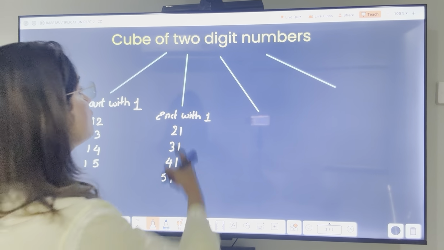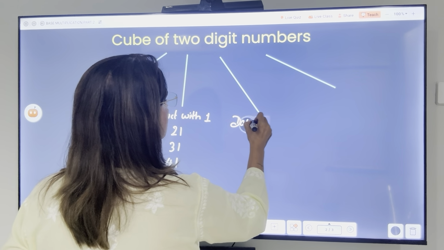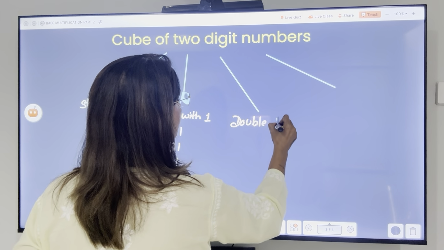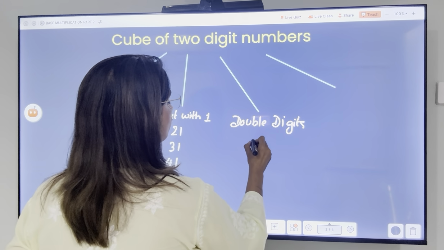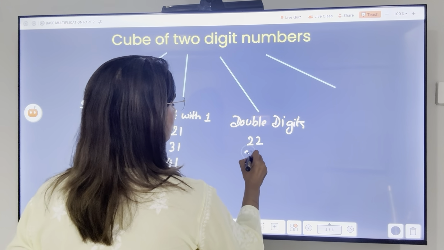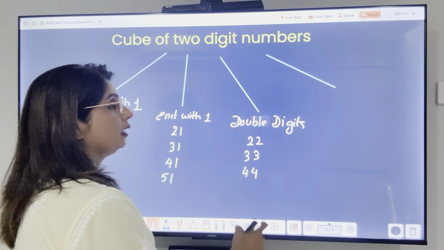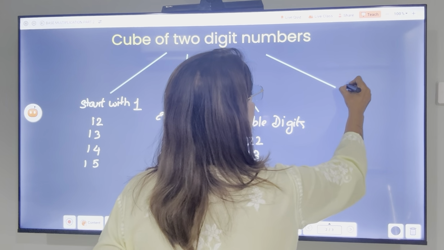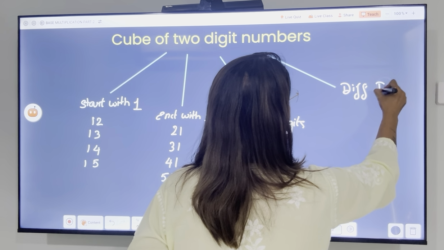Then let us find out which numbers are double digits. What are double digits? We are talking about numbers like 22, 33, 44, and so on. And last, when two digits are different.